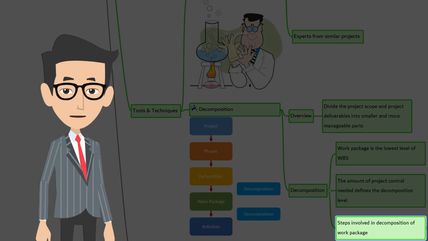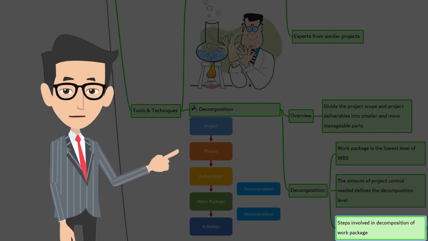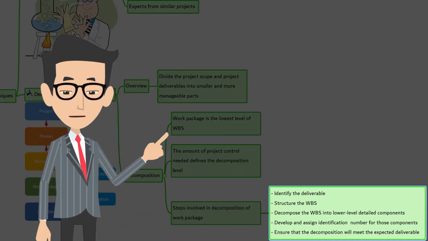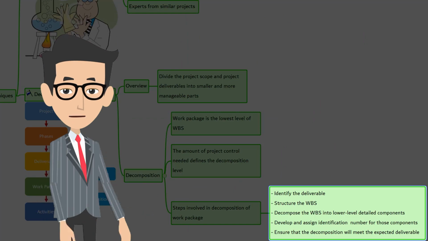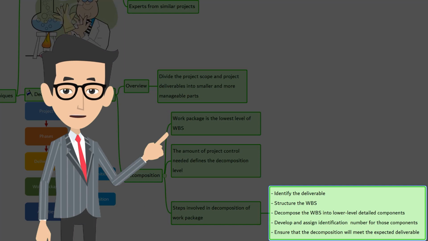Typically, decomposition of work package involves activities such as identify the deliverables, structure the WBS, decompose the WBS into lower level detailed components, develop and assign identification numbers for those components, ensure that the decomposition will meet the expected deliverables.